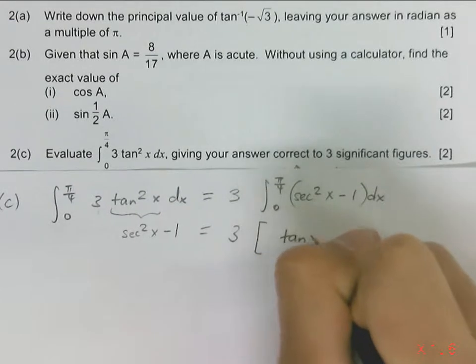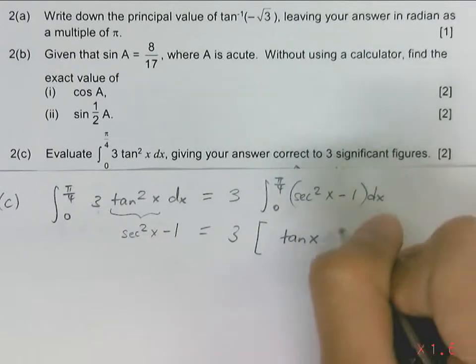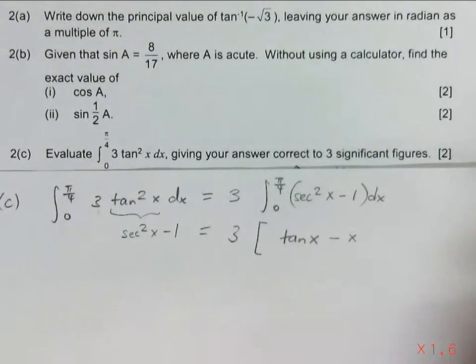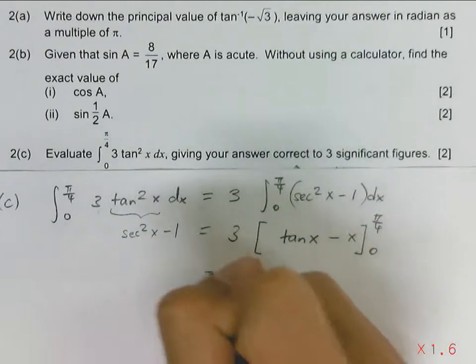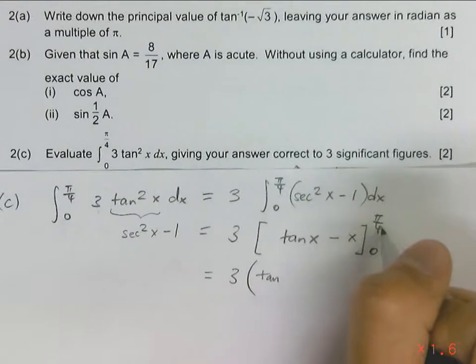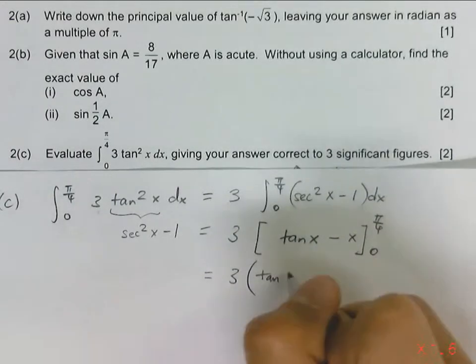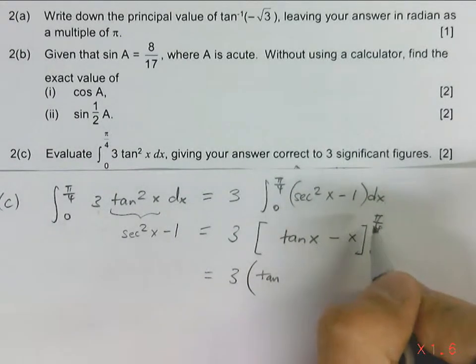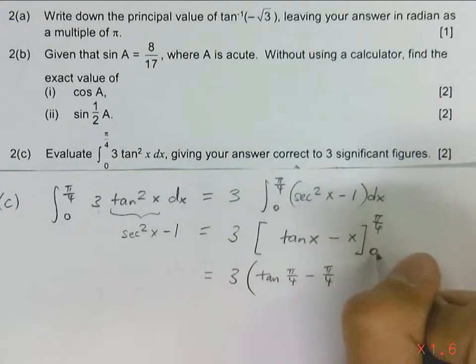Well, 1 integrated will simply give us x. So evaluating the definite integral, we will use pi over 4 first, since it's from 0 to pi over 4. So the answer that gives us for pi over 4, when you substitute, is tangent x minus x, at pi over 4, and we subtract the 0 answer.